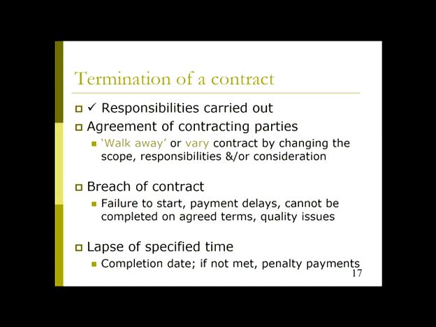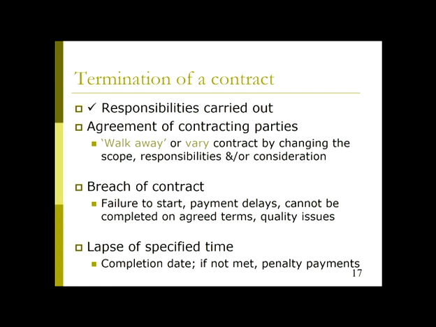A bit of a variation on the failure to start is lapse of specified time. It may be that the project isn't completed on time. Now, it's quite common, as you can imagine, in your planning, you're thinking the project may run over time, for it to be a bit late, in which case, very often written into a contract are penalty clauses. If the completion is a week late, then the contractor will face a penalty of so many thousands of dollars.